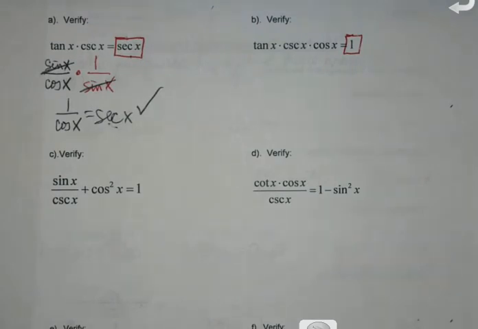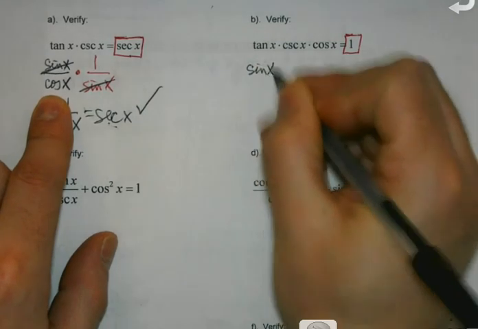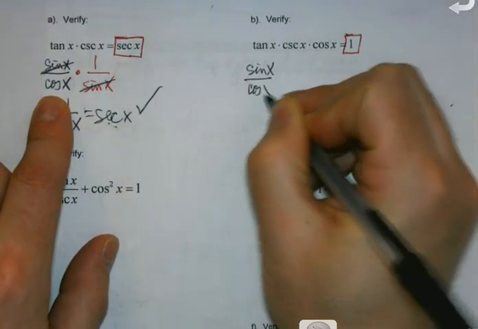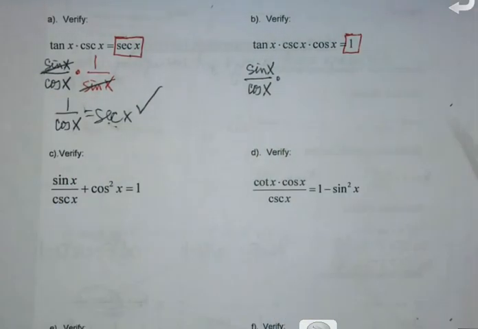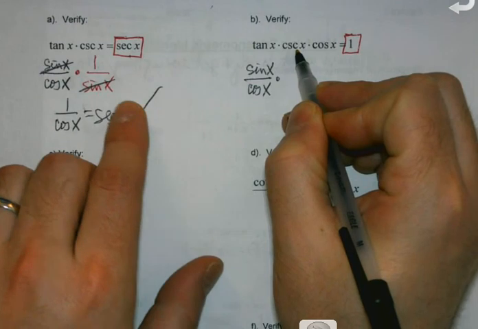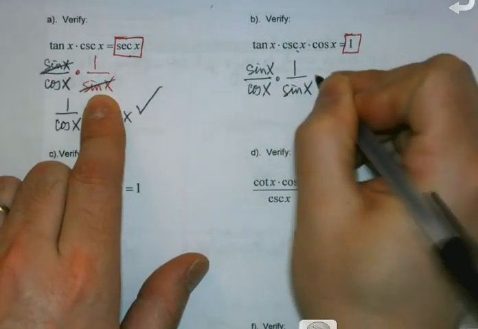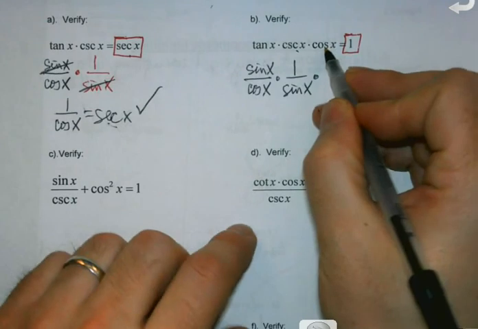So, letter B. What's tangent become? Sine over cosine. And just like anything else, the more you play, the easier this is going to get. Cosecant? 1 over sine. And before you go canceling, just finish all three of these off. And cosine's already itself.